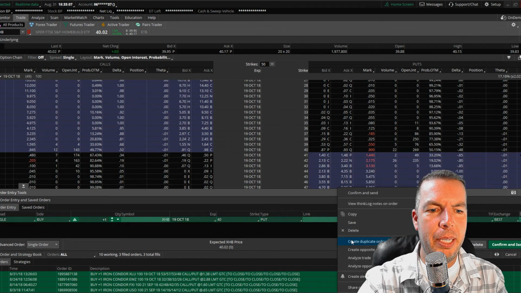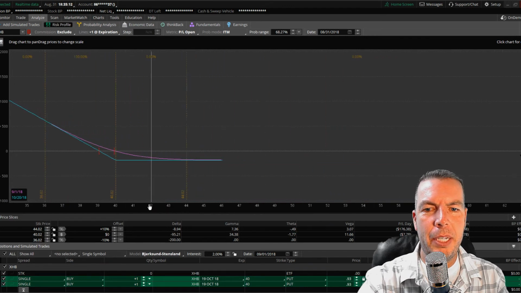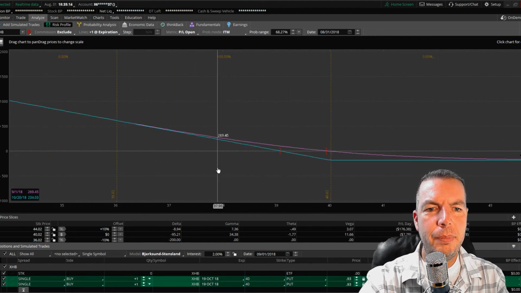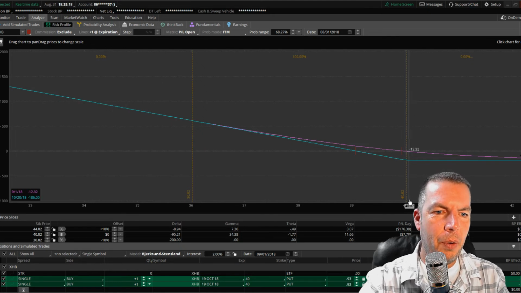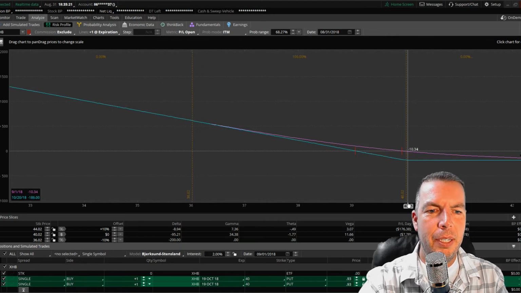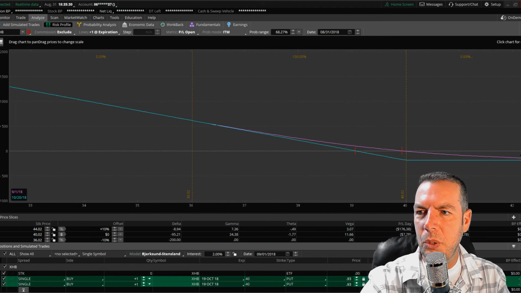Now let's put it in the Analyze tab, and here's that profit and loss diagram that we were looking at on those other pages. You can see here that we paid for our $40 put option. In order for us to make any money, it has to come out to this line right here. Let me get a little bit closer look here for you.